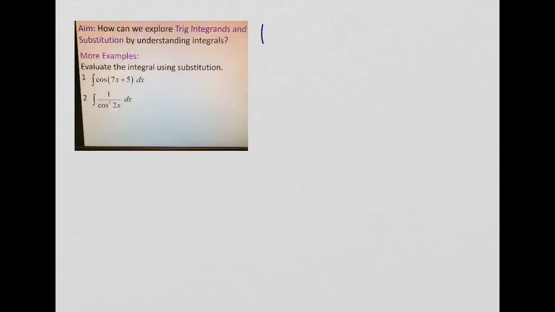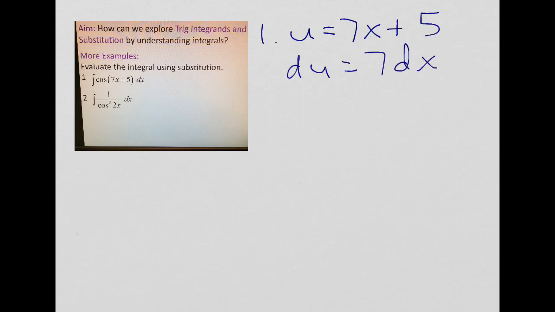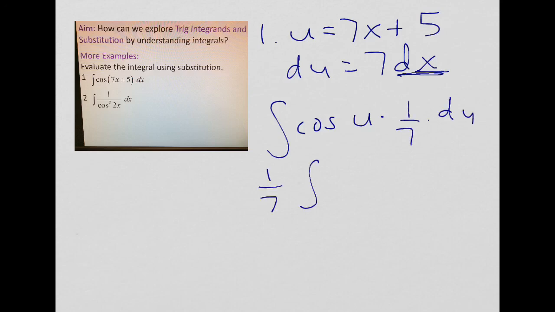You can follow along. So u in this case is 7x plus 5, so du would be 7 dx. So I'm replacing the angle measure with u, and I have to replace the dx, but it would be with 1/7 du. So take out the 1/7, use our rule for cosine, and we can't leave it as u.